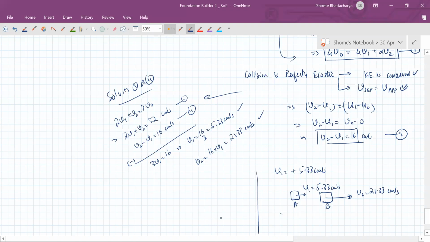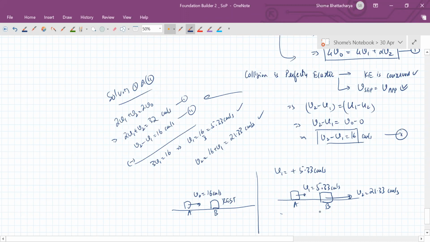This is what is happening after impact. Before impact, this one was approaching this at a velocity of 16 centimeters per second, and this one was at rest. So they collided, and as a result of the collision, now this one has slowed down from 16 to 5.33, and this one has sped up from 0 to V2 equal to 21.33.